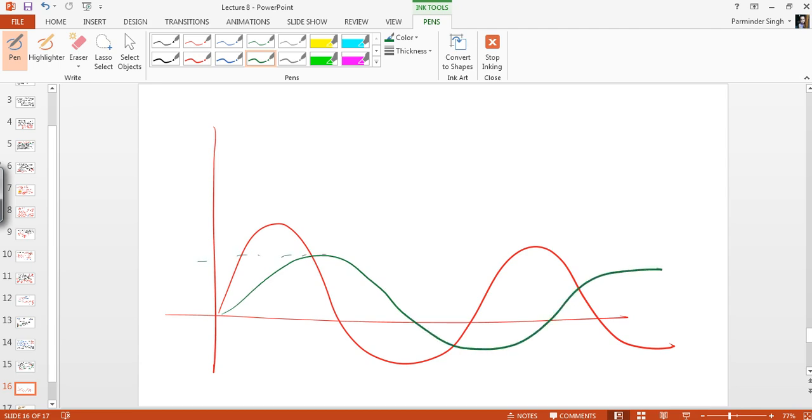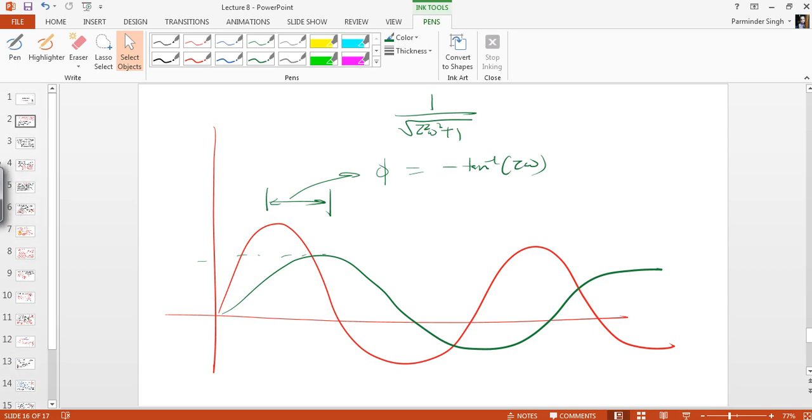The output has a smaller amplitude in comparison to the input by a factor of this term, that is tau square omega square plus 1. Further, the output lags the input by an angle phi, that is minus tan inverse tau omega. Clear? So that's it with the dynamic behavior of the thermometer.